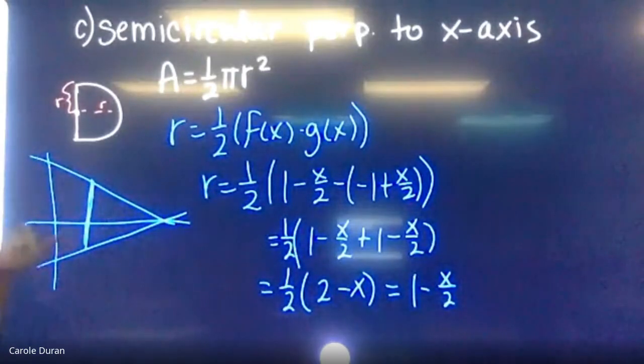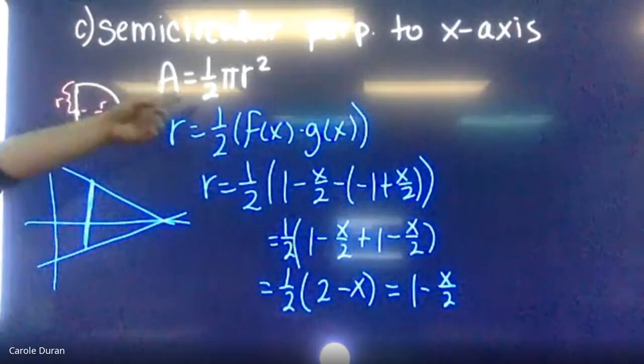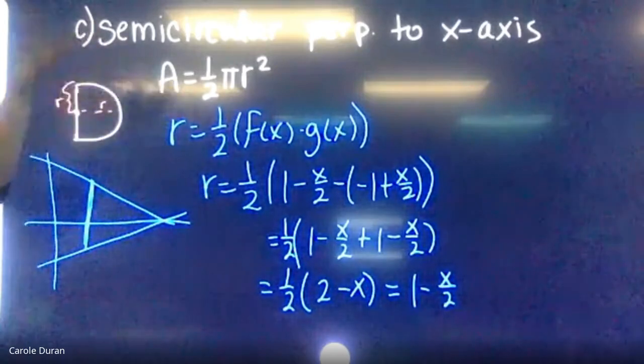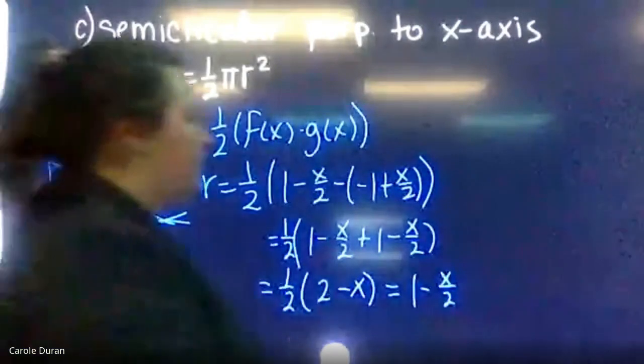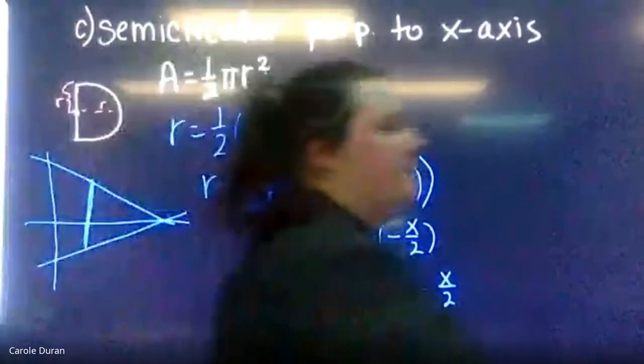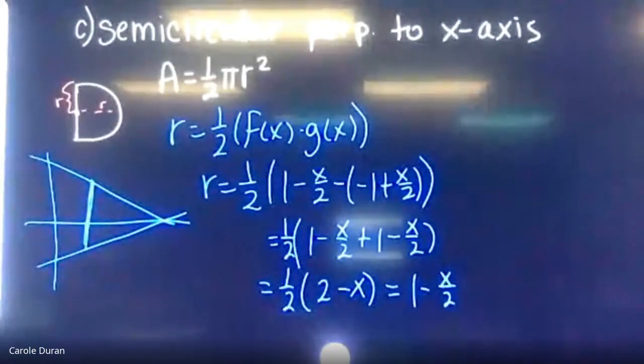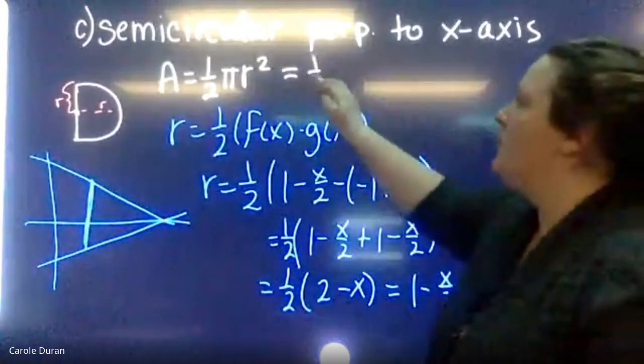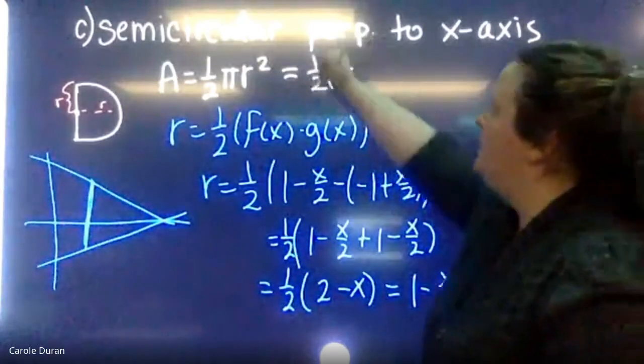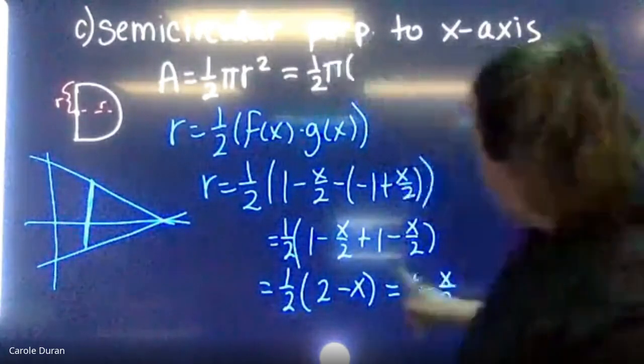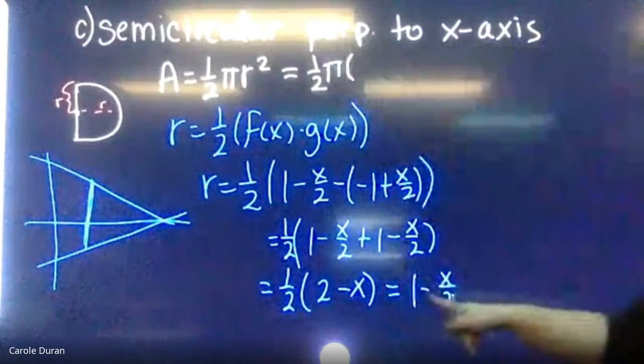Then I take that radius, put it in for r, and set up my integral for the volume. Well, we just take our area and put a dx after it. My area is equal to 1/2 pi times my radius, which is 1 minus x over 2, squared.